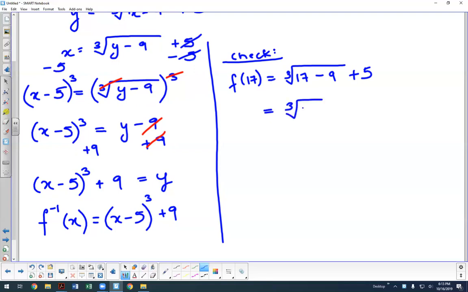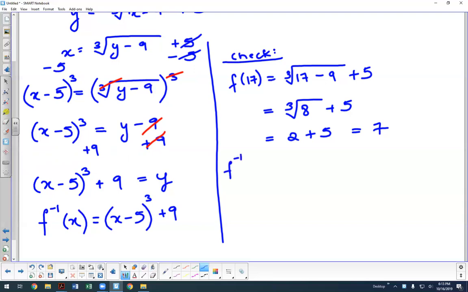And what is the cube root of 8? 2, because you're basically talking about what number multiplied into itself 3 times gives us 8, and of course that number comes out to be 2. 2 plus 5 gives us 7, right? Which means 7 is the number we're going to put in the inverse function.